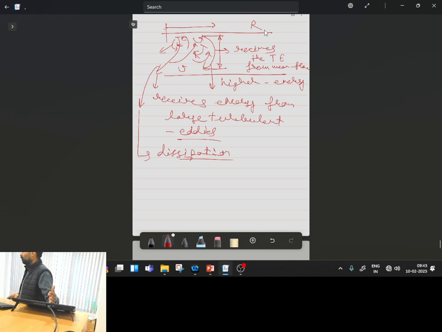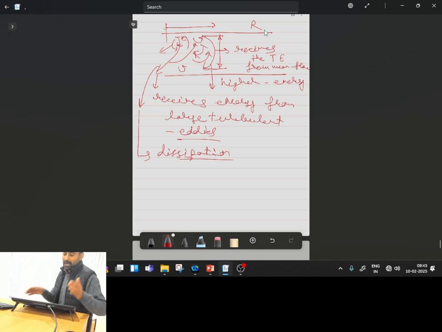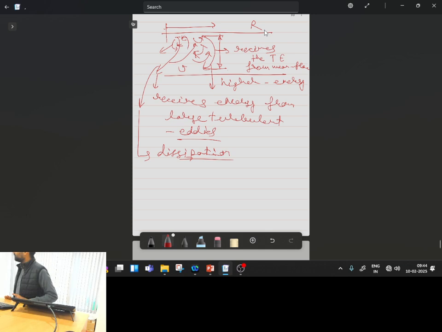This overall flow from left to right is nothing but our mean flow. And in order to allow the mean flow to happen, we have to supply a certain amount of energy. From whatever energy we are supplying, the larger eddies receive the energy of turbulence. Is this point clear?